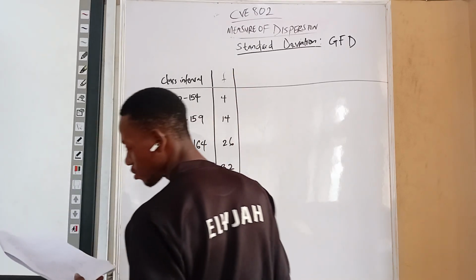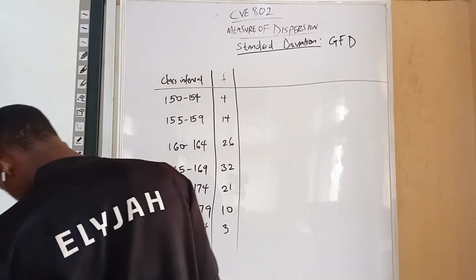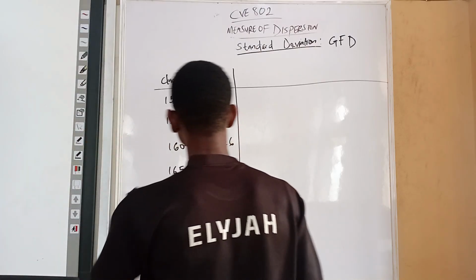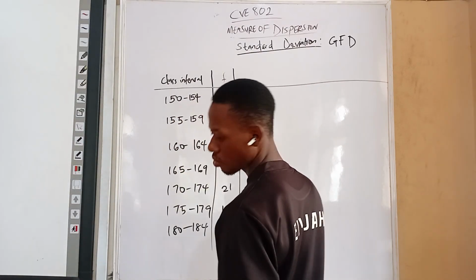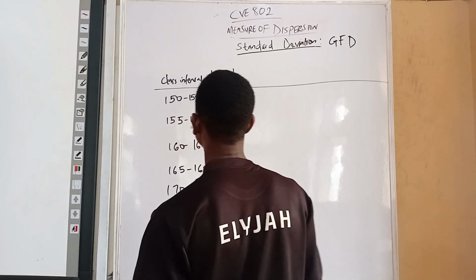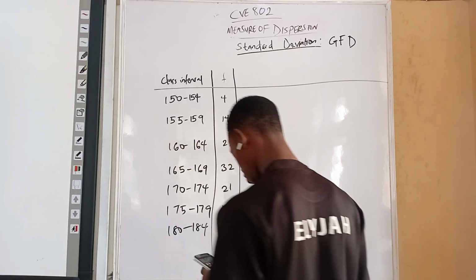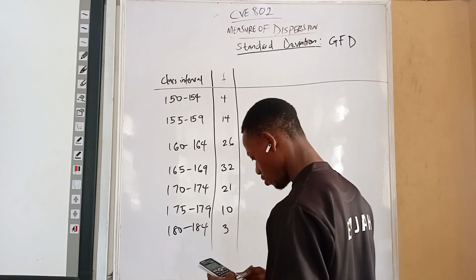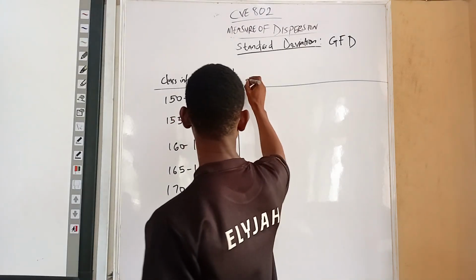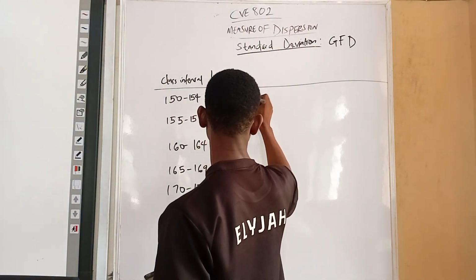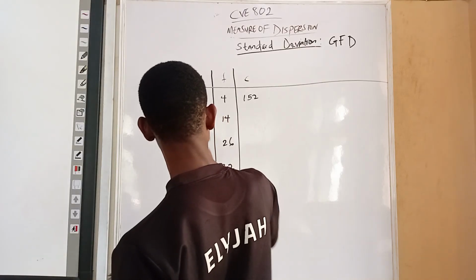The first thing for us to do is find the class center. The class center is just this plus this divided by 2. So 304 divided by 2 is 152. So 152.